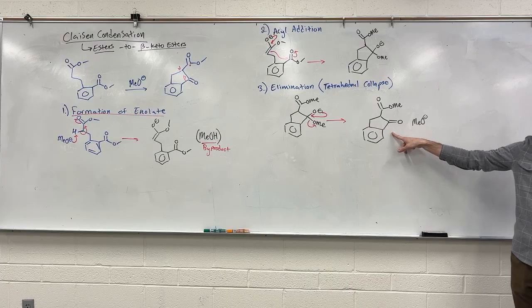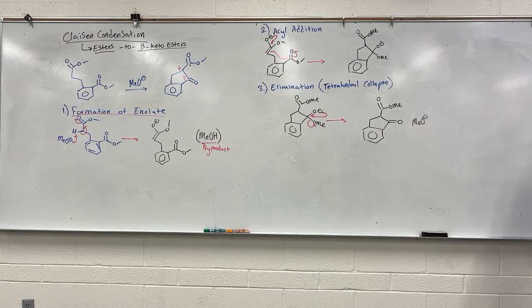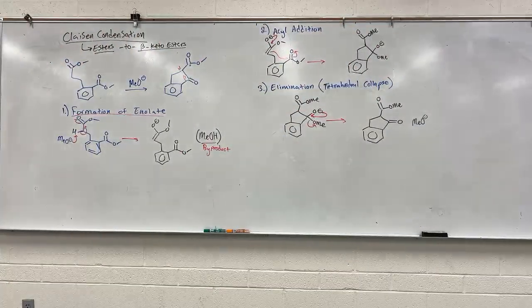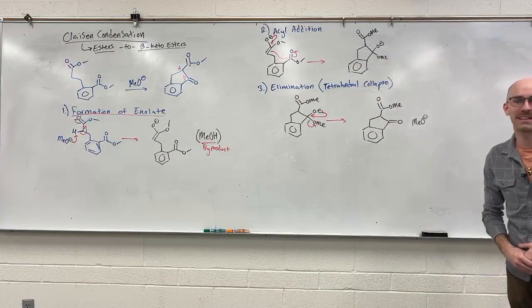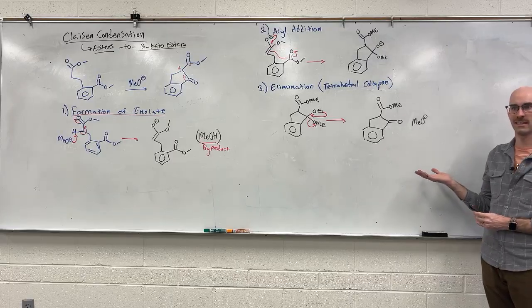Beta keto ester, 5-membered ring formed. How many more steps in the mechanism? There's 2 more on the sheet. Oh, I think you're off by a step. No, I get it. You formed this. Yeah. Next step says form the enolate again. Hello, I'm done.